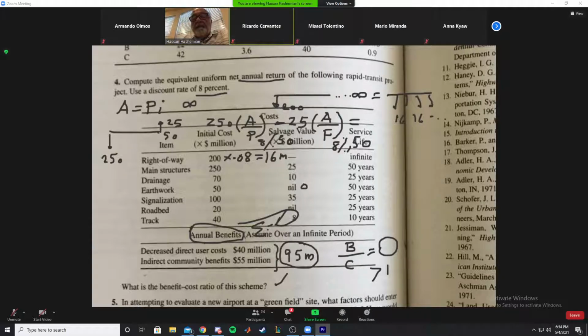Okay, the next one that we have to talk about is the rate of return. Or let me just do benefit cost ratio, the problem number one.